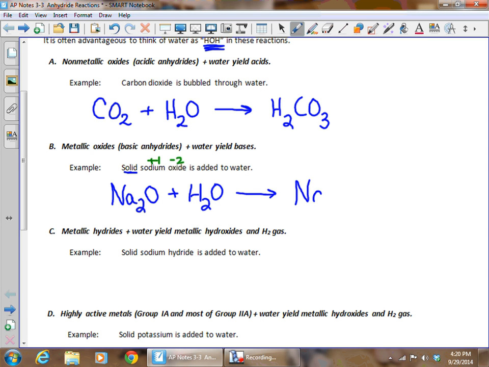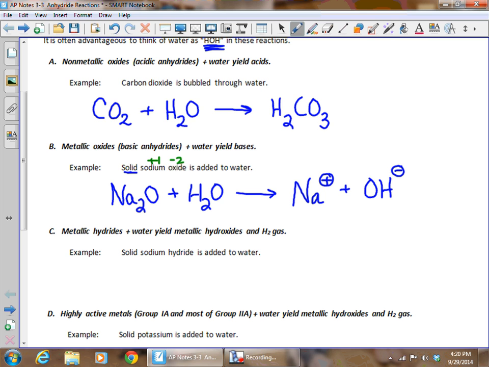Now I'm going to write it like this, but keep in mind, sodium hydroxide is in water now, and sodium hydroxide is a strong base. I told you we had to worry about what would split or ionize in water now, and sodium hydroxide would. So we're going to have to rewrite this in its ionized form. So we're going to get Na plus and OH minus split from each other, or ionized.